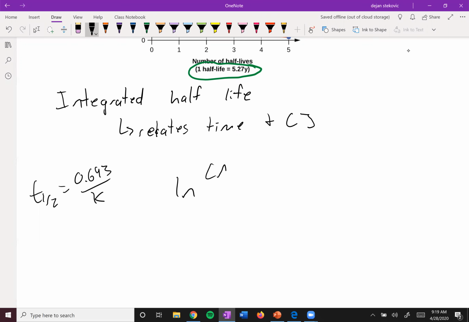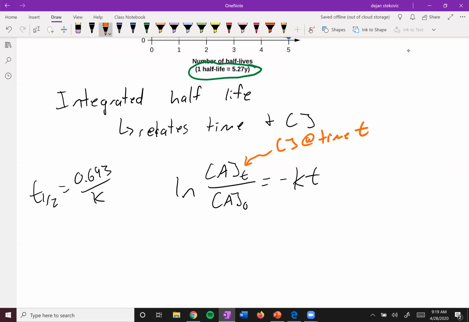We get the natural log of A at time t over A at the original equals negative kt. Again, A at time t is the concentration at time t, so that's whatever time you're interested in, after 20 minutes, 30 minutes, whatever. The one on the bottom here is the original concentration.